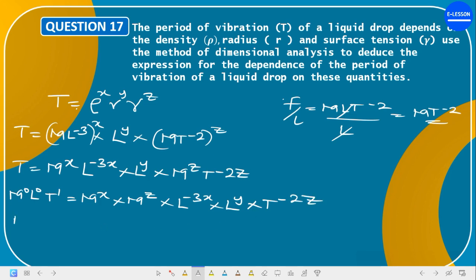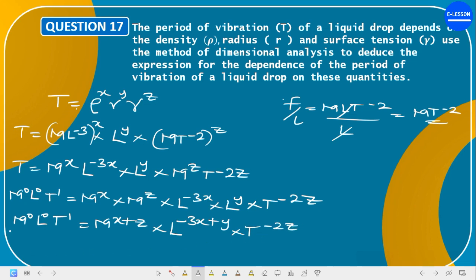And at the end of the day, you have M to the power of 0, L to the power of 0, T to the power of 1 is equal to, the bases are equal. So what do you do to the power? You add them. x plus z for M, then this gives us minus 3x plus y for L, and T to the power of minus 2z.